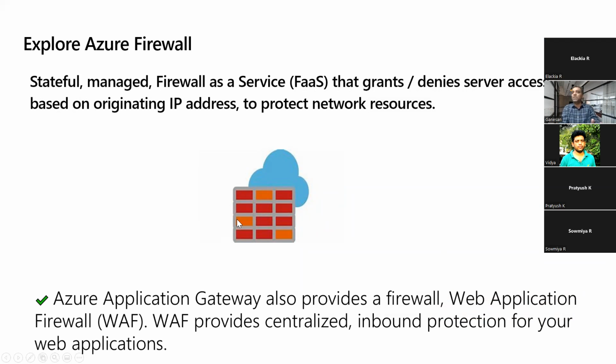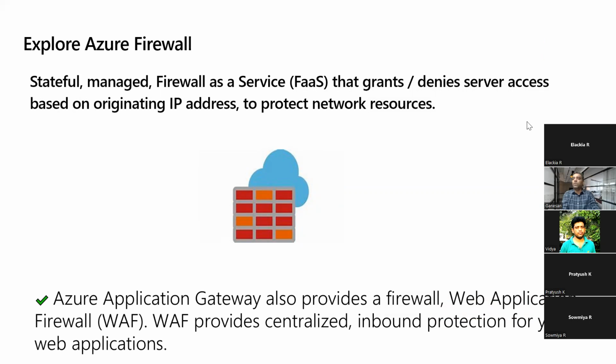So in the exam, they will ask two things. What kind of firewalls are you getting? Either one is the normal Azure firewall, another one is the application-based web application firewall. There are two firewalls, and out of these two, one question you will get. But basically, what will a firewall help with? It helps to protect your network resources.